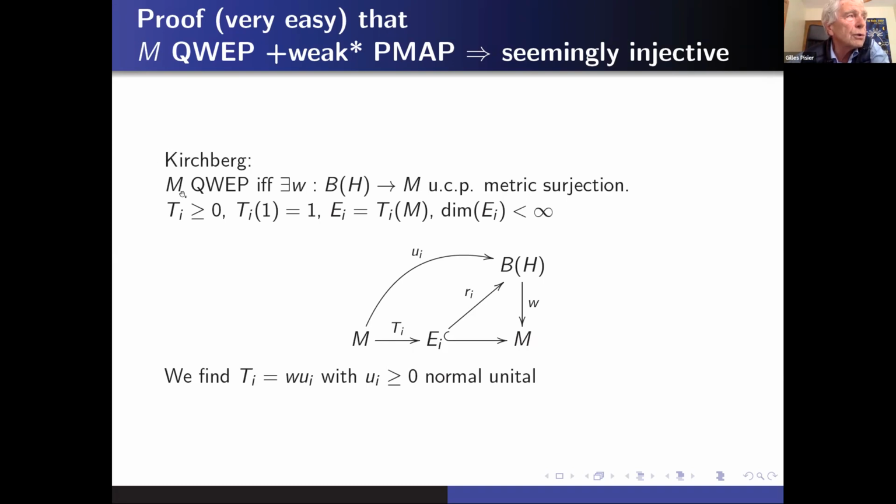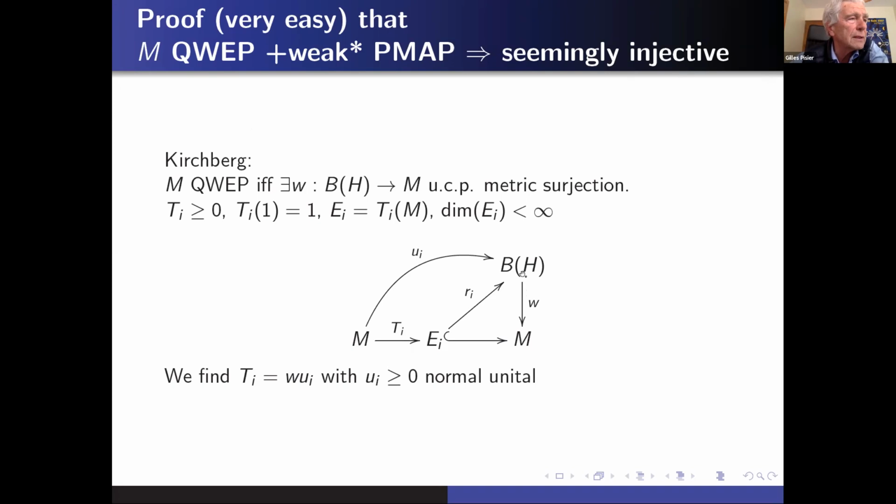I first use the Kirchberg result that if M is QWEP, we know that there exists a metric surjection from B of H to M, which is unital and completely positive. So we look at this W here in the diagram.